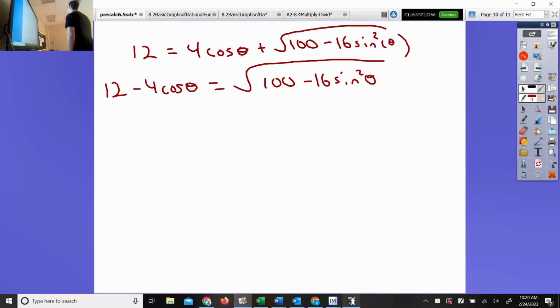Square both sides. How are you going to handle the left-hand side? Foil it, write it twice. Didn't say it would be pretty.